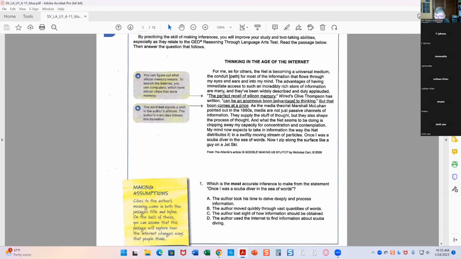And think about the title as well, Thinking in the Age of the Internet. Was the author moving quickly through vast quantities of words? The author lost sight of how information should be obtained, or the author used the internet to find information about scuba diving. There's a couple of those you can probably cross off and get yourself down to 2.